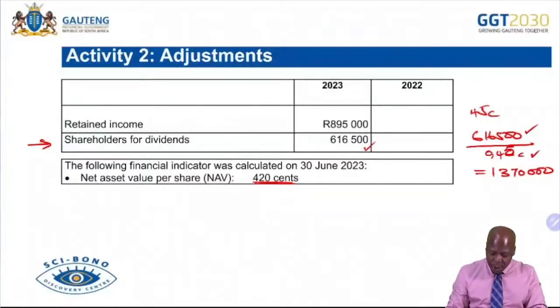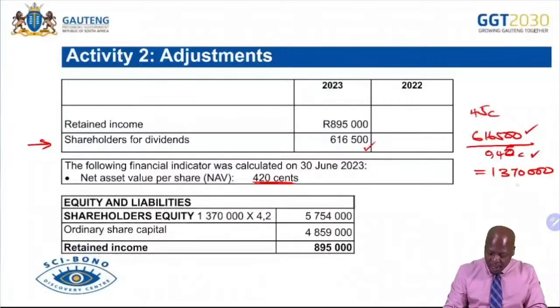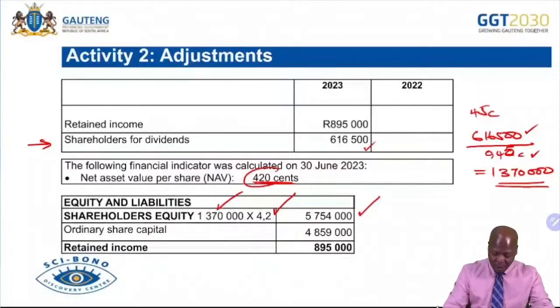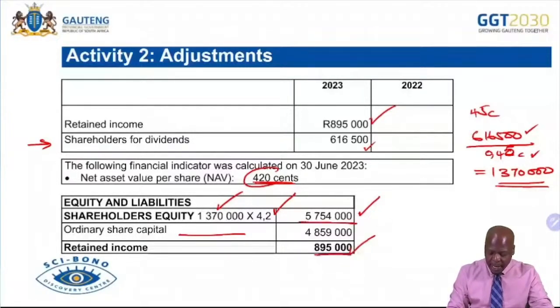So we had 1,370,000 shares when we were declaring final dividends, which therefore means if I want to get my shareholders' equity, I would take that number of shares, which is 1,370,000, then I simply multiply it by my NAV, which is 4.2. Then I end up with 5,754,000. Once I have that one, therefore, it is easy because remember I have my retained income here. Then I can now simply say my shareholders' equity, which is 5,754,000 minus 895 to get your 4,859,000.